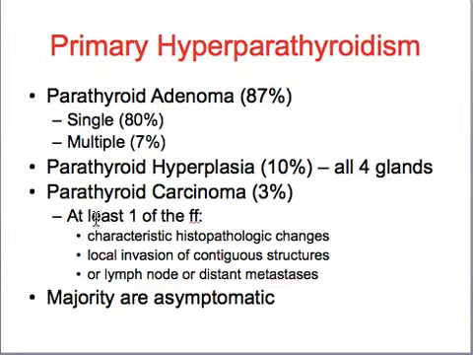I've seen one case of parathyroid carcinoma from my colleague, and this patient actually had bone tumors from the hyperparathyroidism. We diagnose parathyroid carcinoma if there are characteristic histopathologic changes, or there's local invasion even without the histopathologic changes, or there's lymph node or distant metastasis.